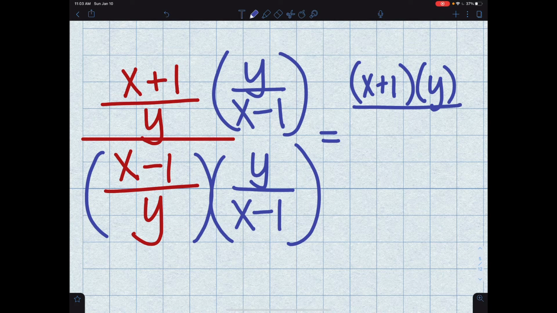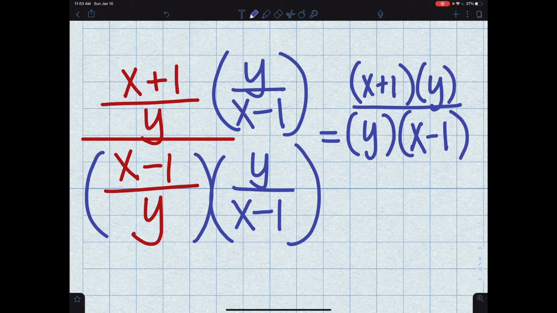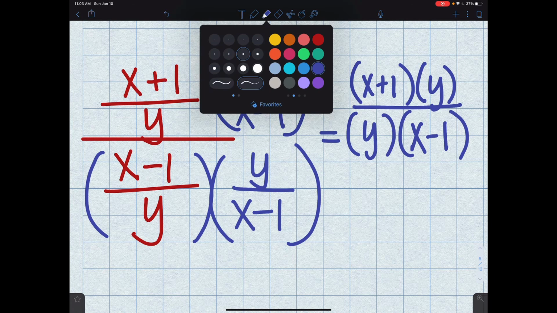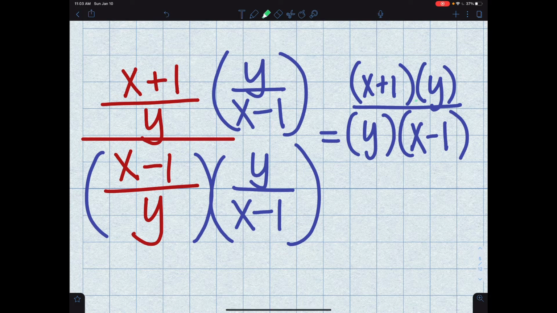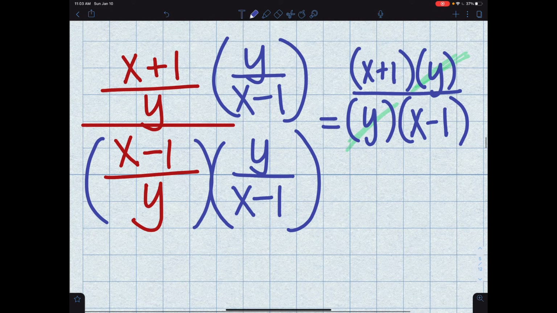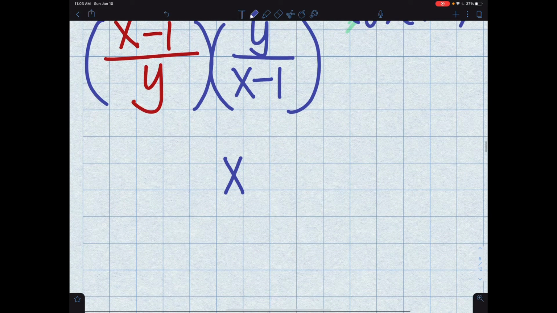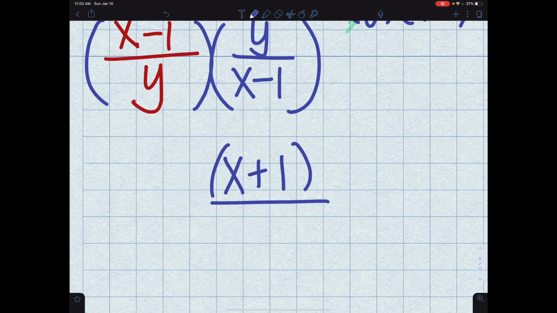And on the bottom, I'm going to have y times x minus 1. But then, as you see, they did this step ahead of time, but I don't usually see it like that in my mind ahead of time. So after the fact, you can still do it. This y cancels out with this y. So what I'm left with is x plus 1 over x minus 1. So I'll write that again. x plus 1 over x minus 1, because the y's canceled out. Okay, so that's the answer, and that's what they got in the book.